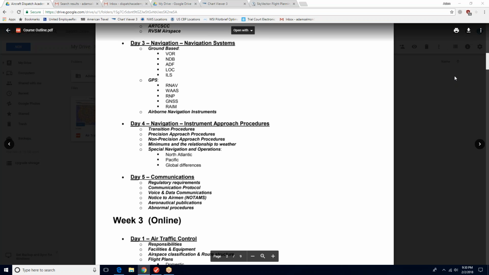Can somebody name 3 different types of satellite-based navigation? NDB, VOR, so of satellite navigation, satellite-based navigation. GNSS. Yeah, that's one.